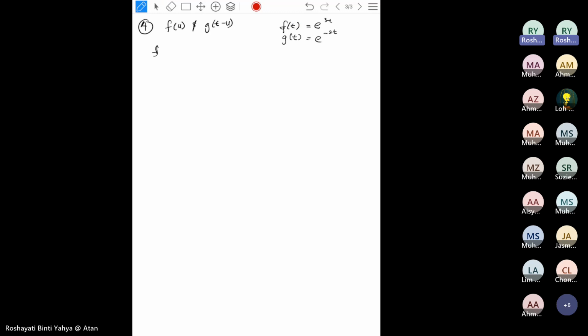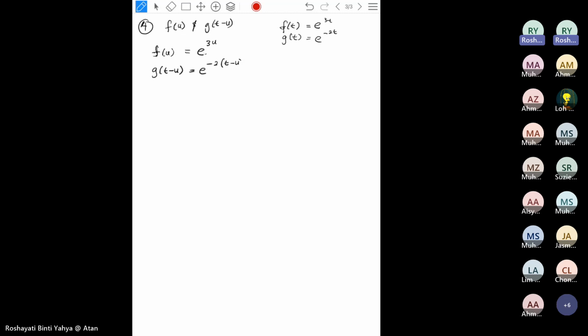So f(u) equals exponential 3u. So g(t minus u), t you now change to t minus u, so exponential negative 2 times (t minus u).